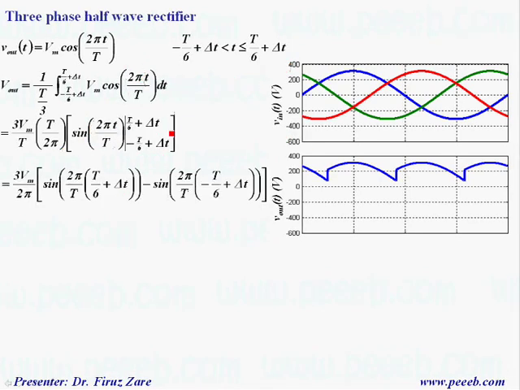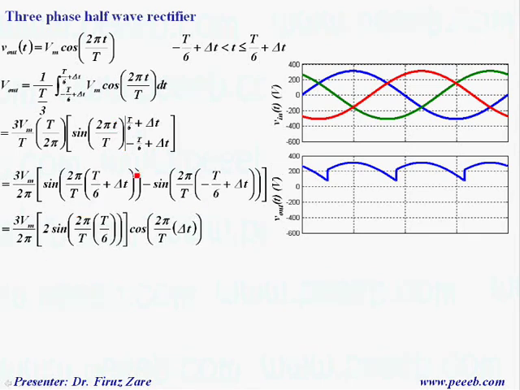So when we put in the limits of the integral, we get these two terms. Instead of t, we put the upper limit of the integral, so we get this equation, and instead of the lower limit in this equation, we get this term.